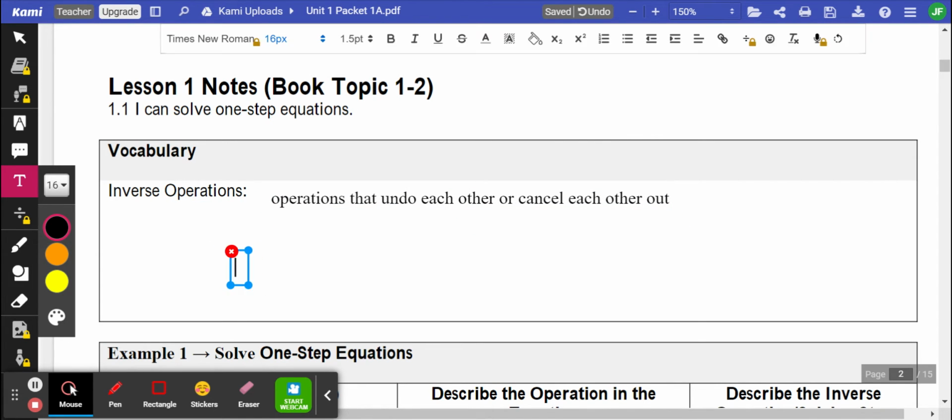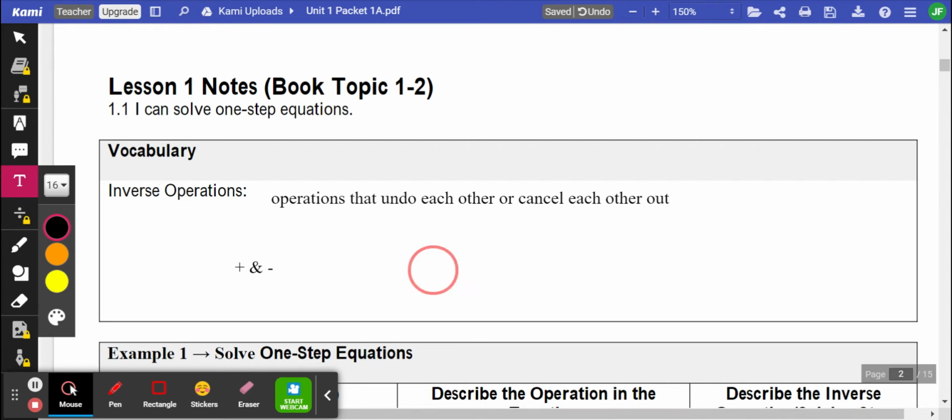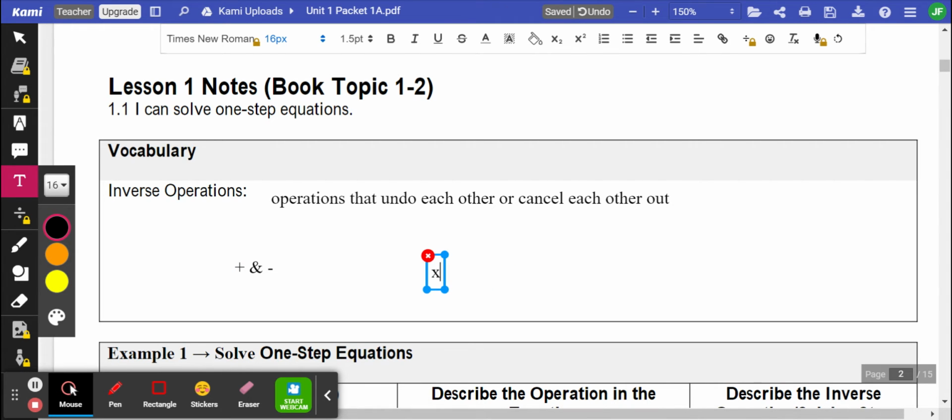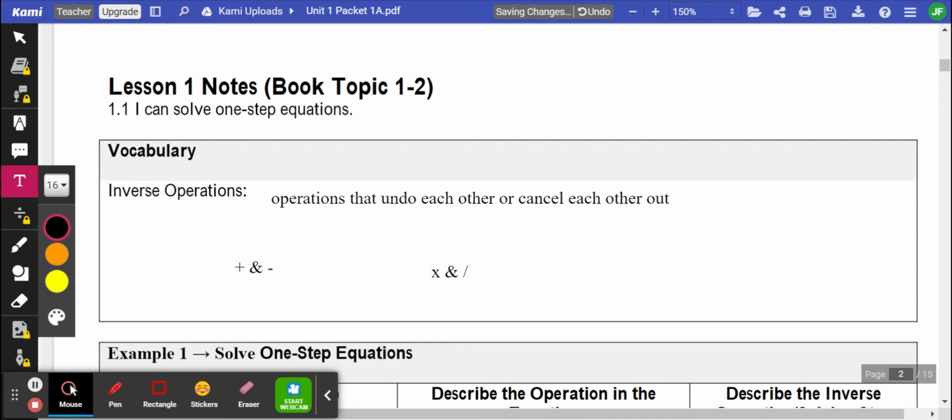So the opposite of adding something is subtracting something. The opposite of multiplying by something is dividing by something. And I'm going to use a fraction bar there instead of the traditional division symbol.